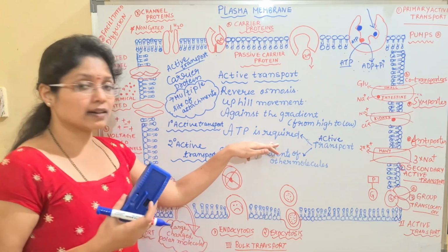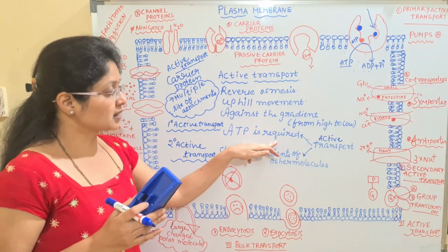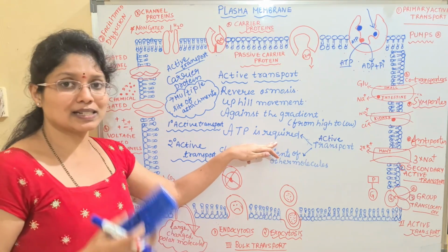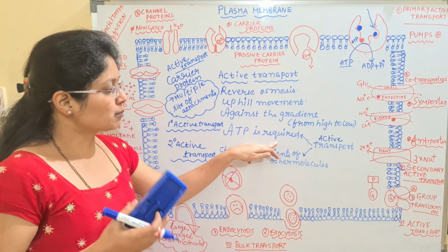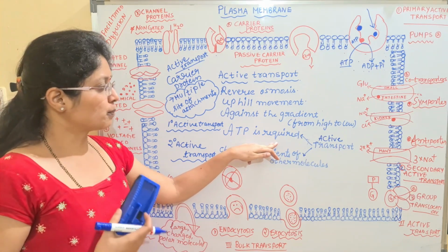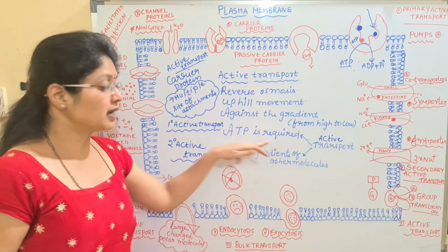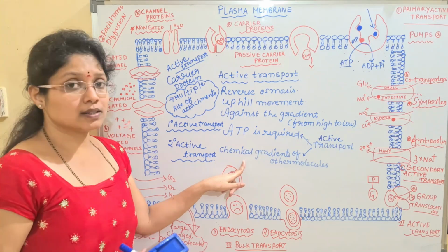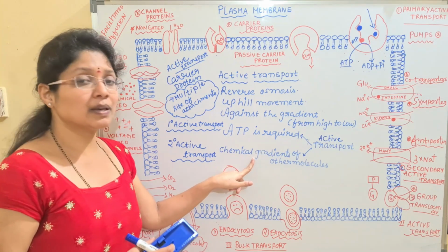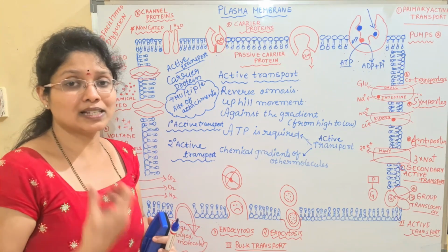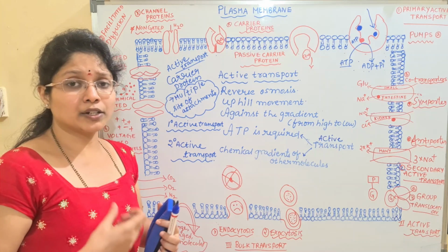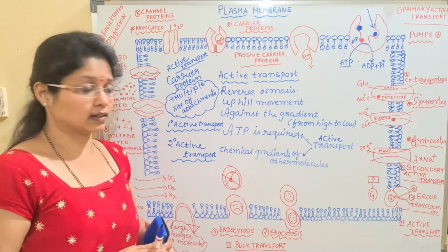In the case of active transport, this is different, children. Why? Because it requires additional energy, but the source will be different here. Some types of active transport systems are operated with the help of ATP, and some of the systems will be operated with the chemical gradients of other molecules which are moving downhill while releasing a certain amount of entropy, or you can say the kinetic energy.